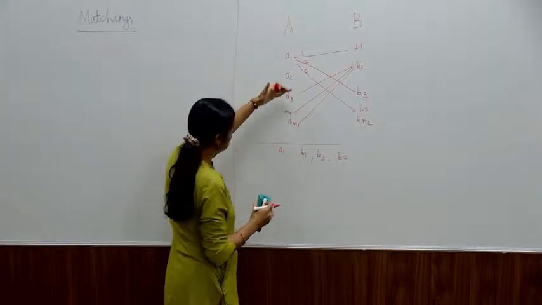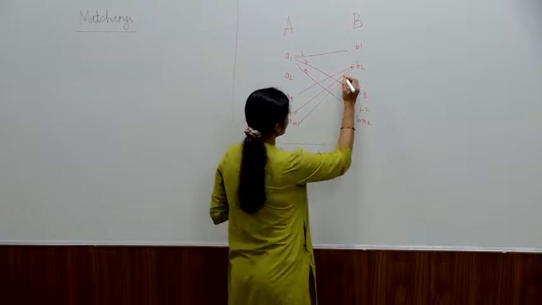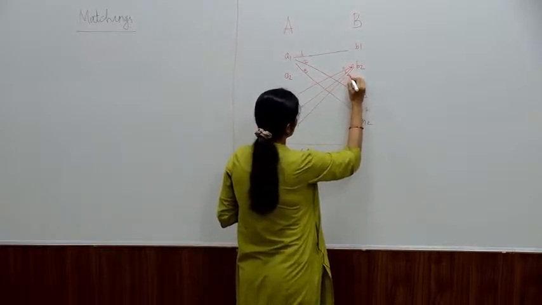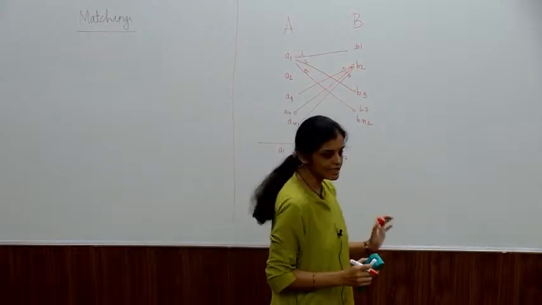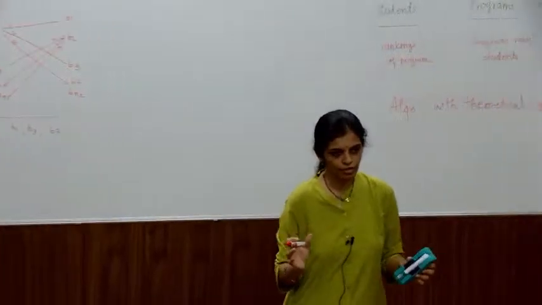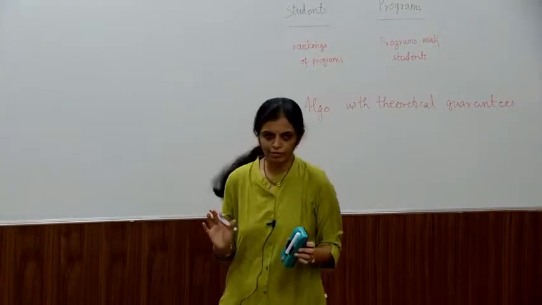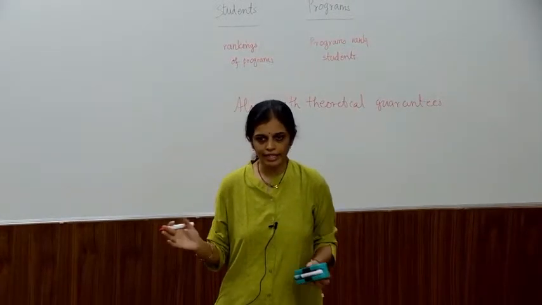So B2 ranks, let's say, A4, A3, An1 in its order. Maybe A4 is its top choice, A3 is its second choice, and An1 is its third choice. And this can be the submitted ranking. Although in this example it so happens that both of the vertices have 3 edges incident on them, that may not be the case. It can have as many edges as it likes, and it need not rank everybody.